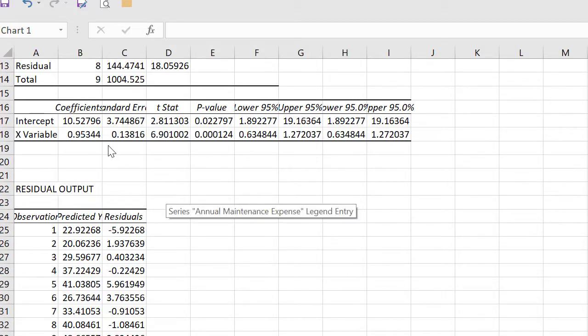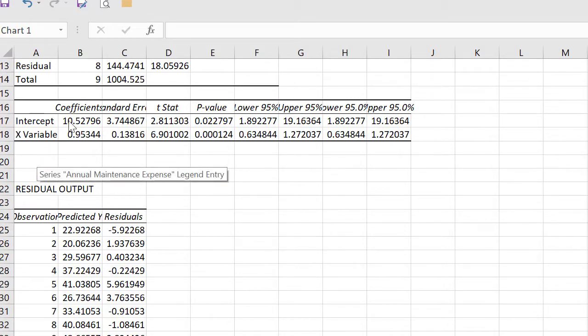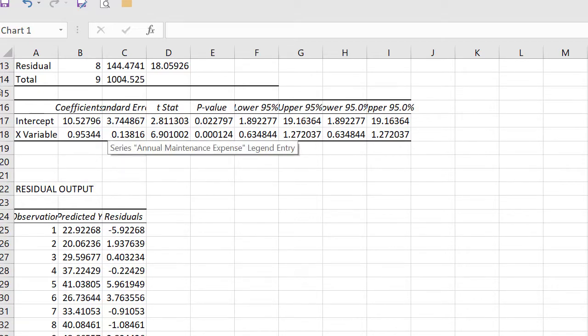It doesn't make much sense, but we want to test the hypothesis that B0 is equal to 0. This is sort of meaningless because none of our y points are close to 0. But if we look at the lower and upper bounds, it doesn't cross 0, so it is significant.